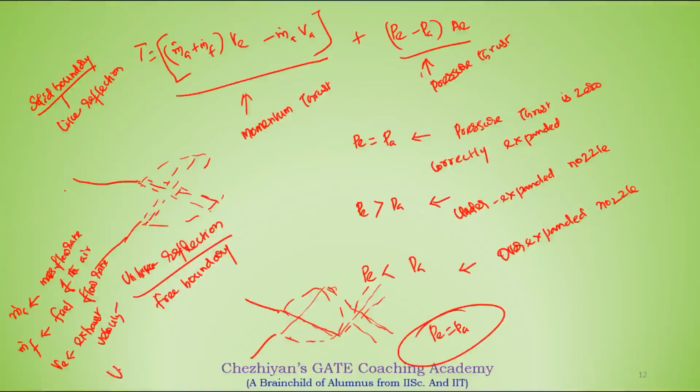Your VA is your flight velocity. This is the thing we have to understand. Your PE is the exit pressure. PA is the atmospheric pressure prevailing at the particular altitude.